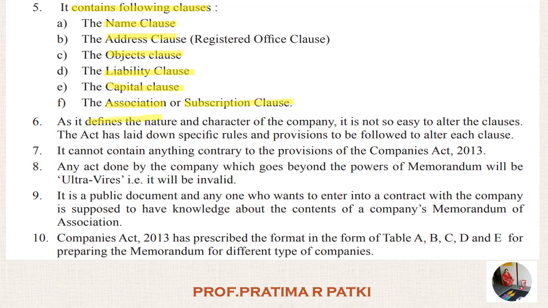Memorandum also defines the nature and character of the company. It is not easy to alter the clauses. Once the clauses are formed, they are not easily altered. So the company has to take care while framing or drafting the clauses.